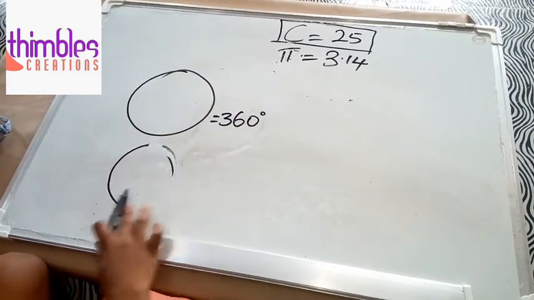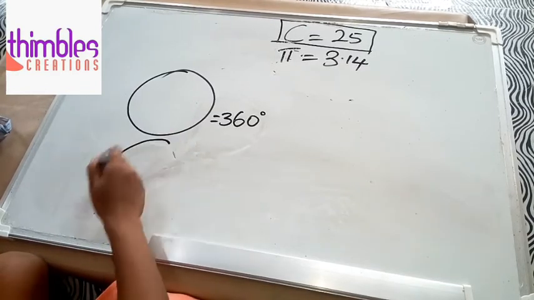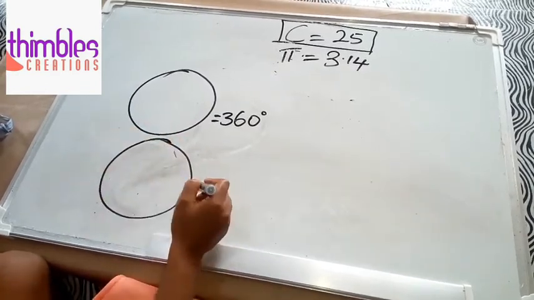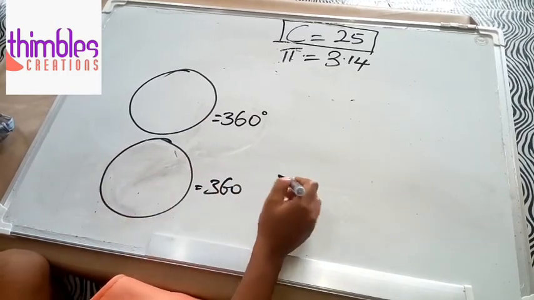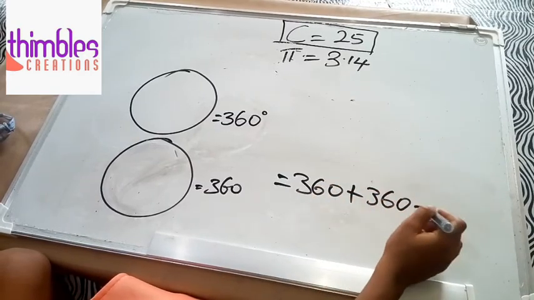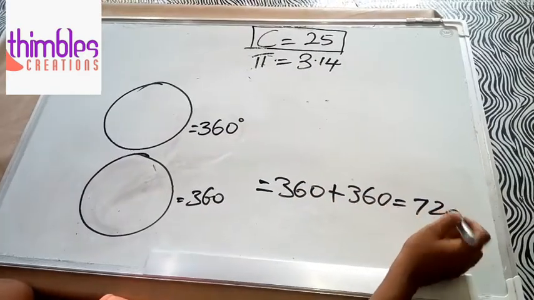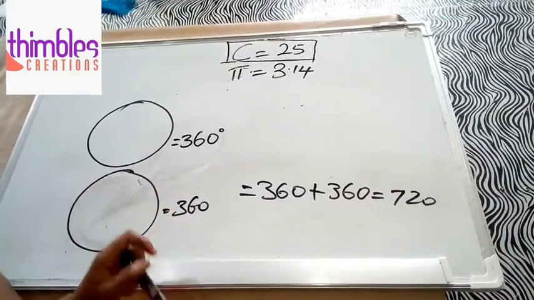Is two circles. That's 360 plus 360, which gives us 720. Now, how do we achieve this play is our challenge.